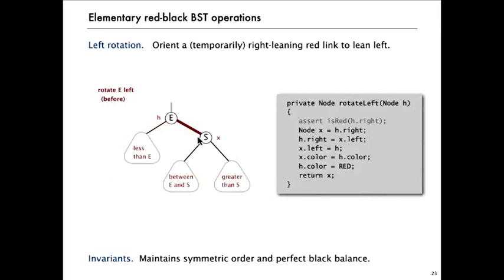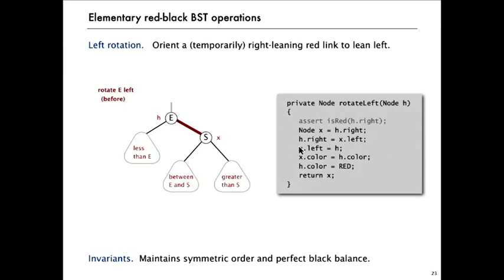If we start with a right-leaning red link, first thing we do is take the reference of h.right and save that in x. So that's the node that's going to be the new root of the three nodes, so to speak. And then x.left, after the rotation, is going to be h.